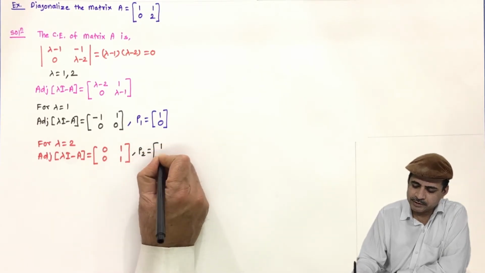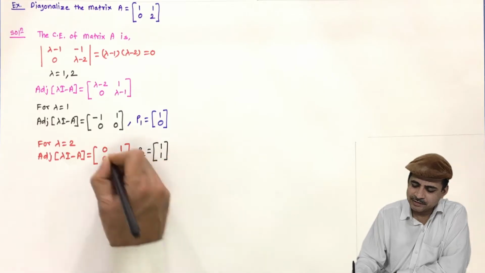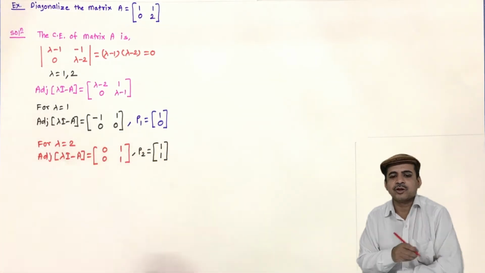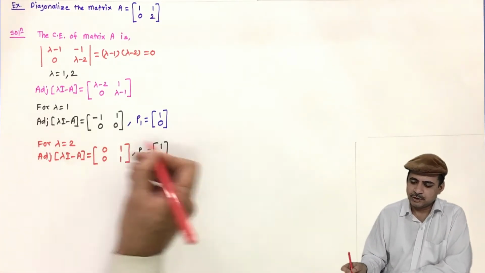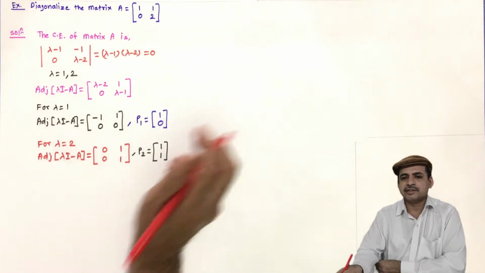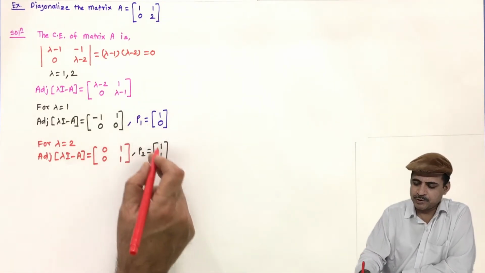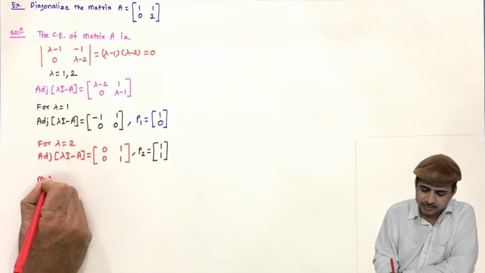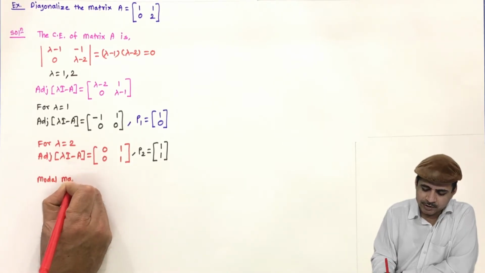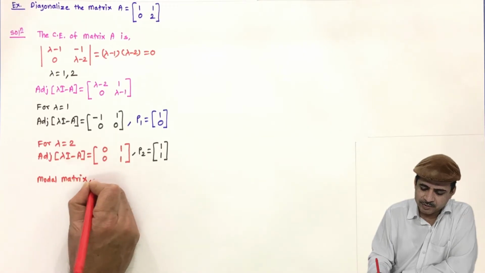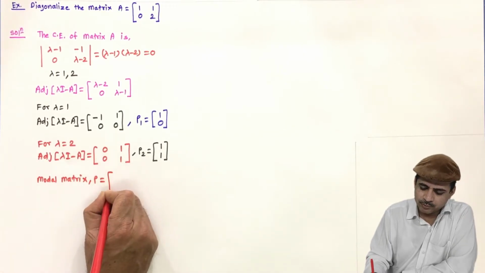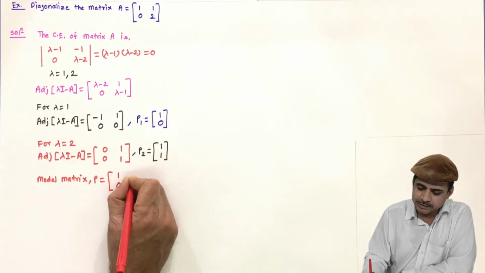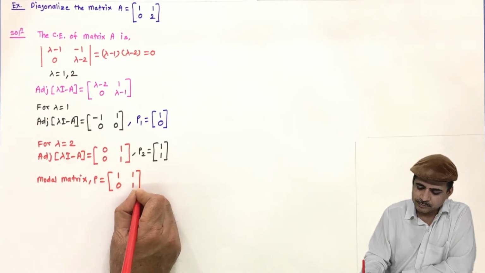We don't have any choice, because the column 0, 0 cannot be taken, that will make the modal matrix a singular matrix. And if P1 and P2 are available, the modal matrix P is [1, 0; 1, 1].